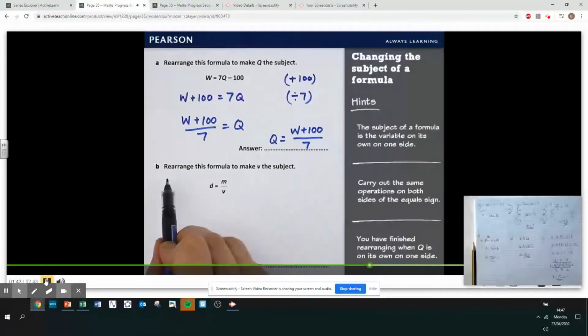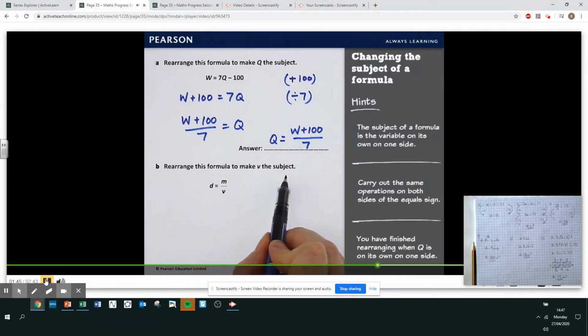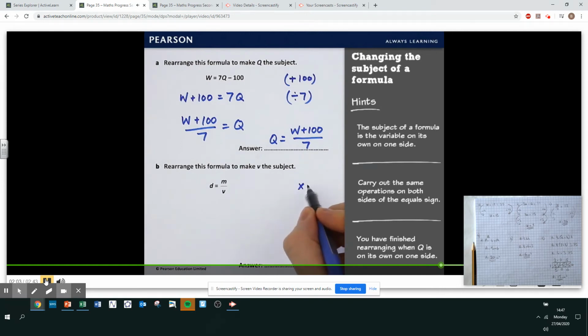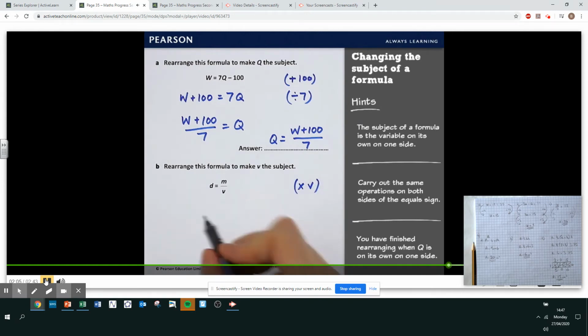Part B. Rearrange this formula to make V the subject. D equals M over V. You want V on its own on one side. At the moment, V is on the bottom of the fraction, and that's tricky. It will be easier to work with if it's not, so start by multiplying both sides by V. On the left-hand side, you'll have DV, and on the right-hand side, you'll have just M. Now there are no fractions.